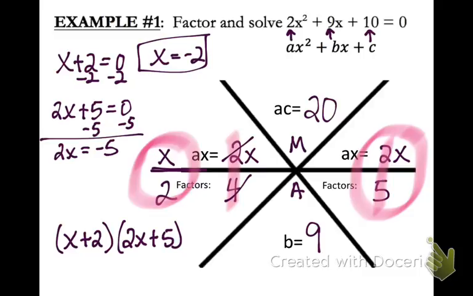Last, since there's something with the x left, I need to divide it away. I get x equals negative 5 over 2. So my two solutions are negative 2 and negative 5 halves. This looks like a long method, but trust me, there aren't any other methods that are much shorter than this.